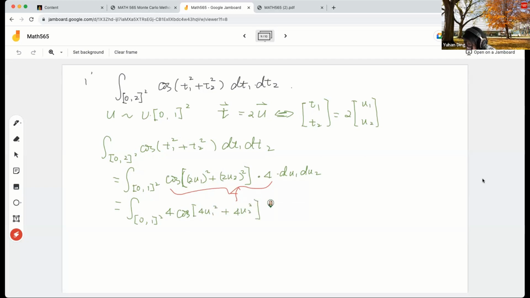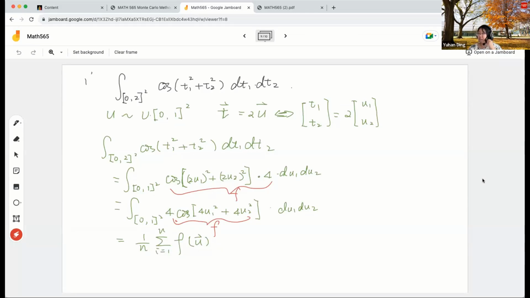Okay, and we know the density function is 1, so we should have that. So this is our f, and then we can rewrite this as a Monte Carlo estimator. And be careful, this u is our vector. Okay, should have u1 and u2.